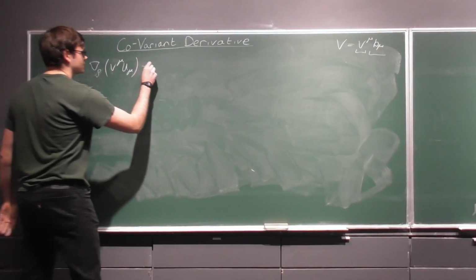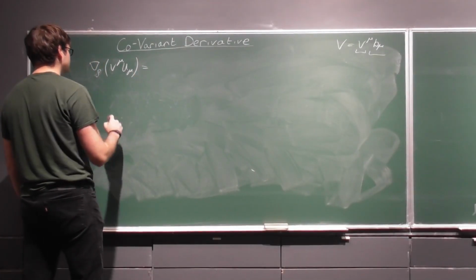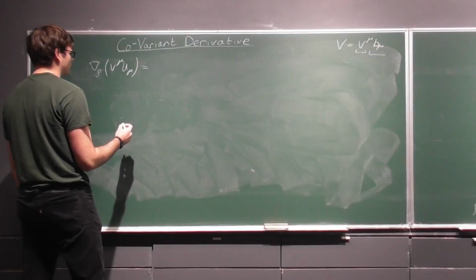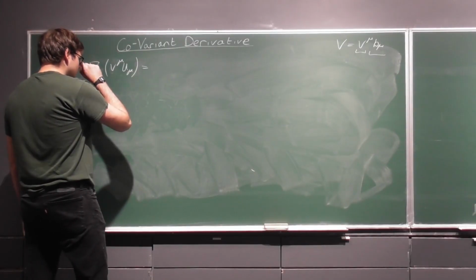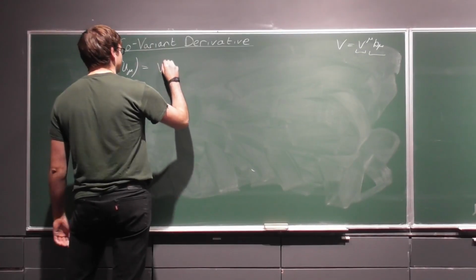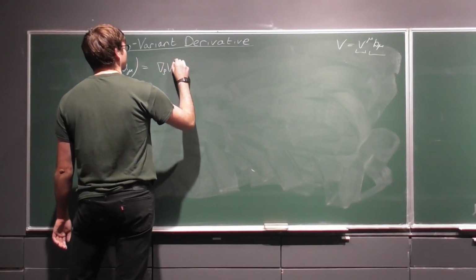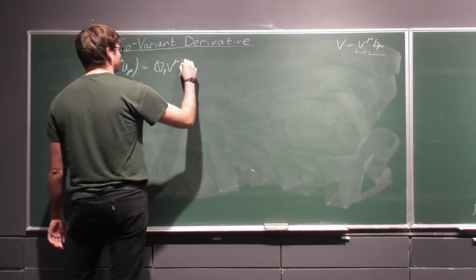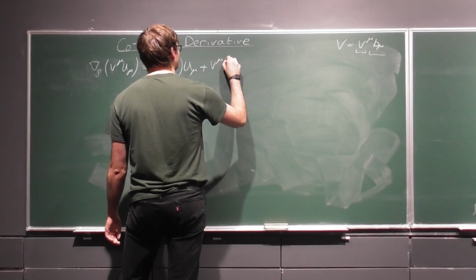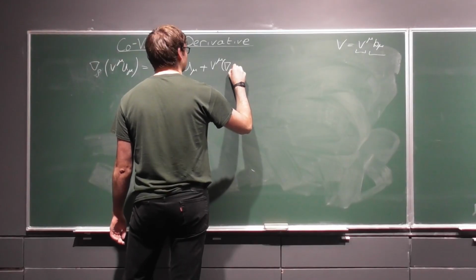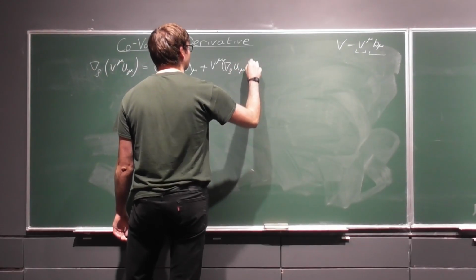So first I'm going to expand it. This is going to be expanded with the Leibniz rule. So we're going to get something like this, plus the other way, ρ of u_μ, okay?